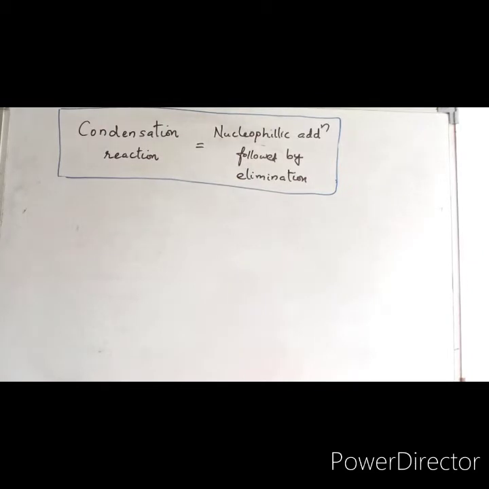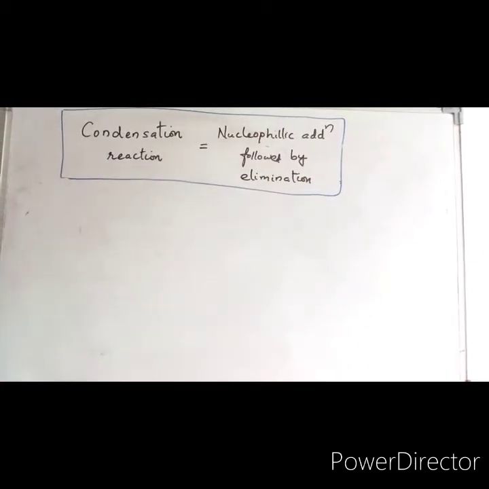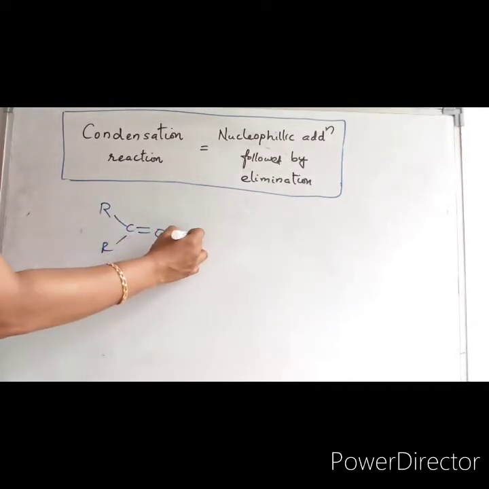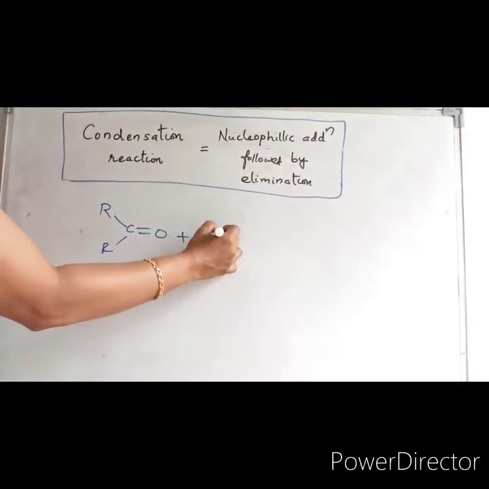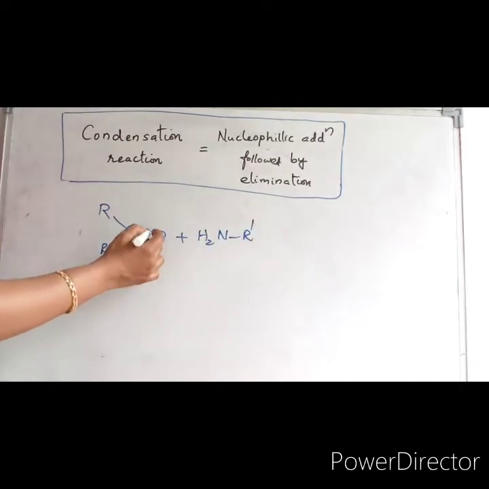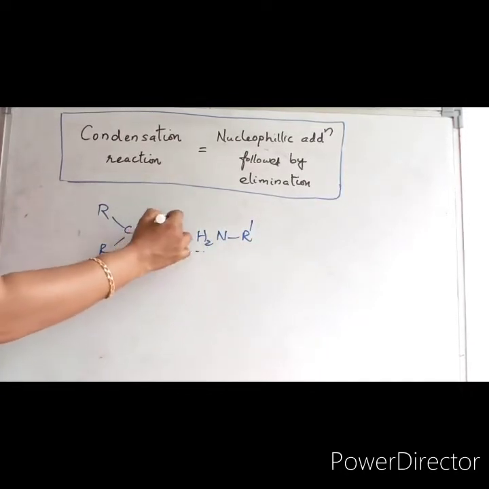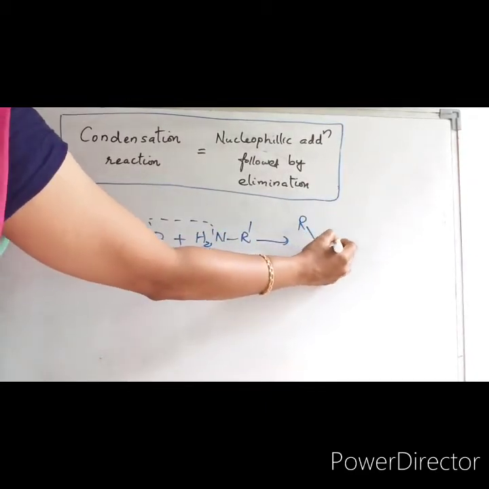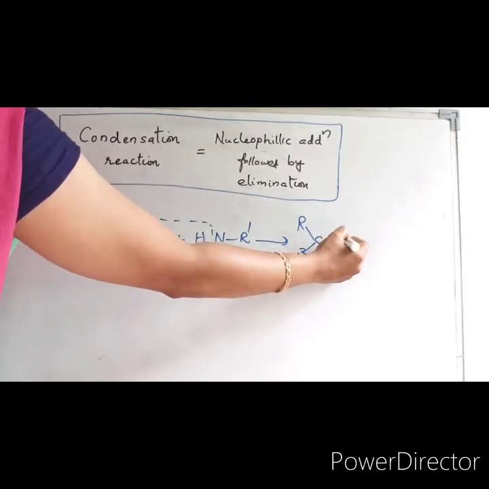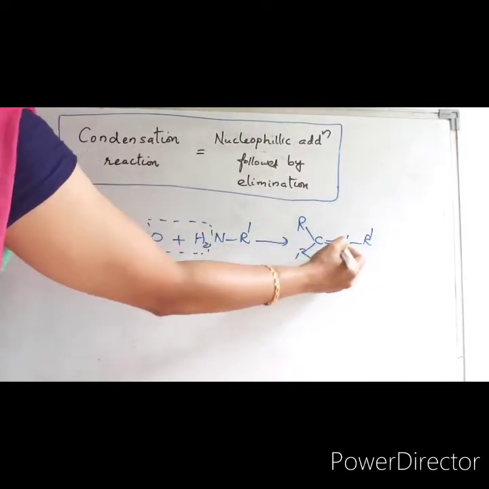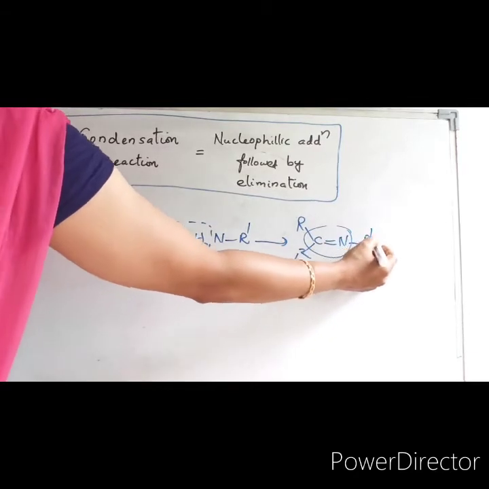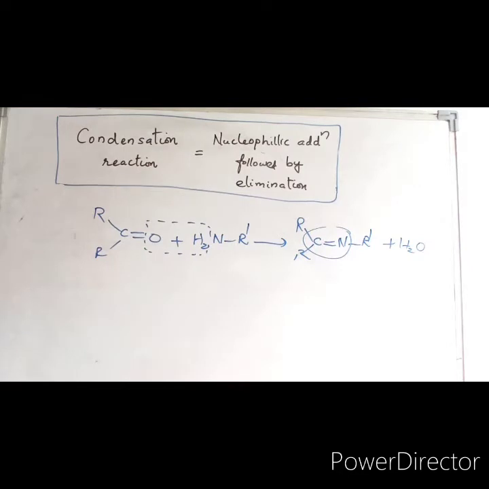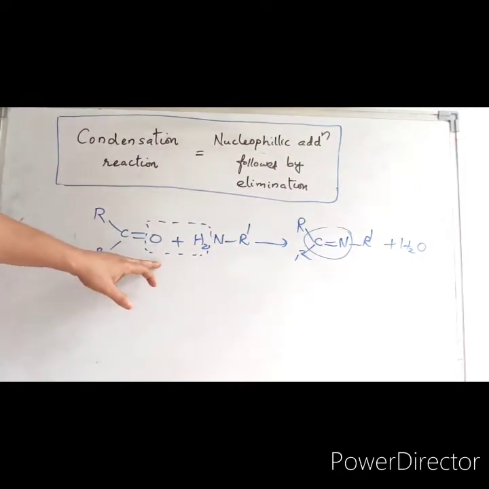For example, if I write an equation like this, RC=OR plus NH2R', then, as you might have studied in plus 2 chemistry, water will be eliminated and you will get RC=NR', a new double bond is formed and a water molecule is eliminated from this reaction. So a condensation reaction is represented in this manner.